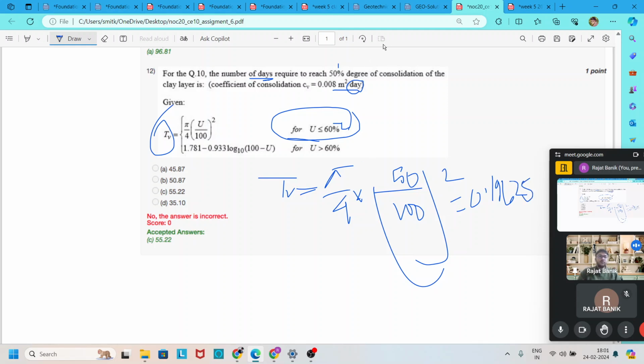Our Tv is equal to 0.19625. Then use this equation to find the time: time factor Tv is equal to Cv into t divided by H square, where H is the length of the drainage path.